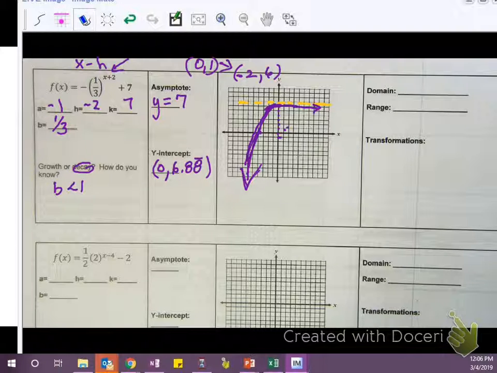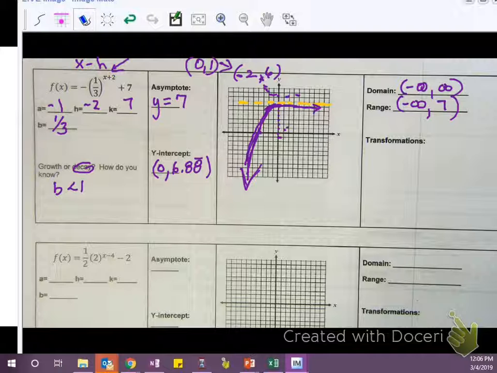So I took a decay function, which would have been up here, right? It would have been up there. And I reflected it across the y-axis. So my domain is still negative infinity to positive infinity, but my range is now negative infinity to 7, again with the parentheses, because it's not equal.